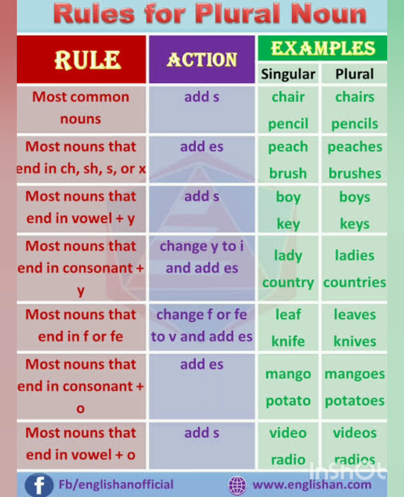Most of the nouns that end in a consonant letter plus o, we add es to make them plural. For example, mango and go: mangoes and goes. And if the noun ends in the letter o but before that there is a vowel letter, then we add s to make it plural, like video and radio. Here we are just adding s to make them plural.